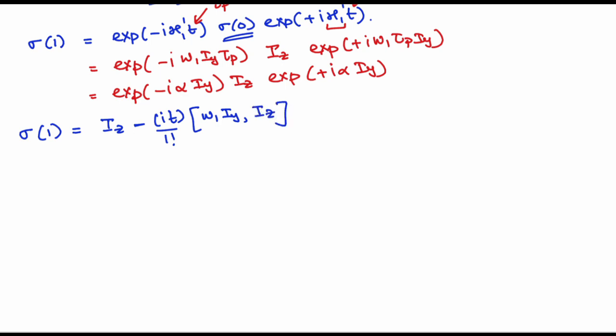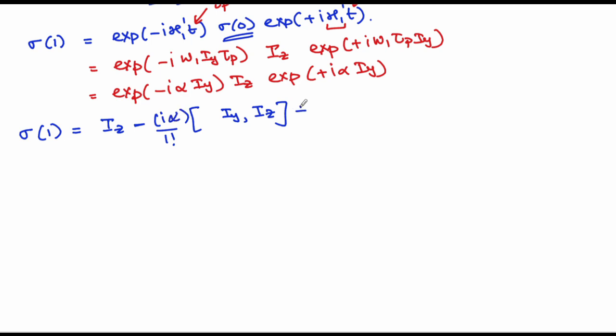What you are able to see is that omega 1 is present, t is present, and remember, t is going to be equal to tau p. So I'm going to take the omega 1 out, and the product of omega 1 and tau p is going to be alpha. So I'm just going to erase the omega 1 from here and make this portion alpha.